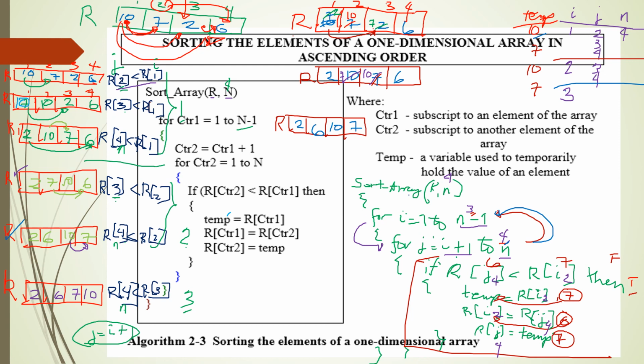For j equals I plus 1. So, I is 3 plus 1. That becomes 4. And then, perform natin itong buong block of statement.